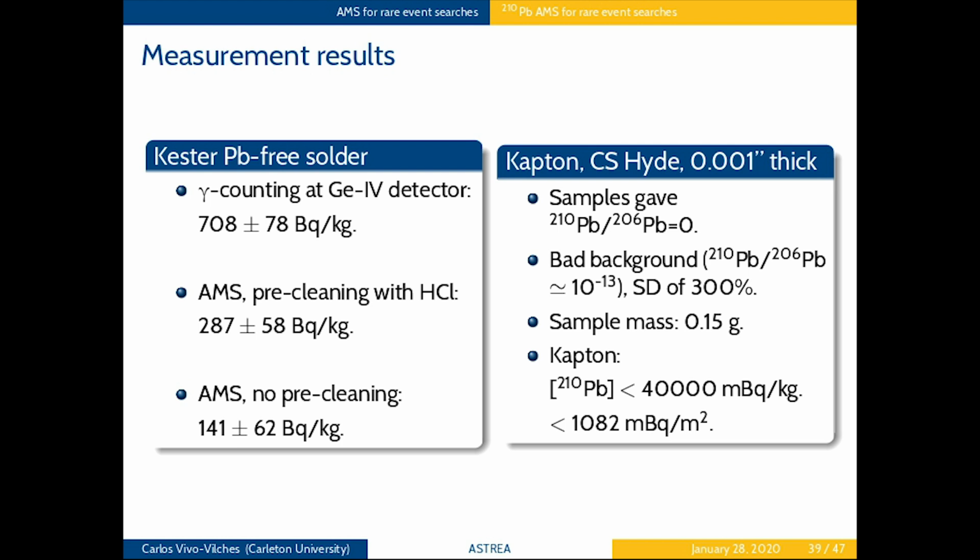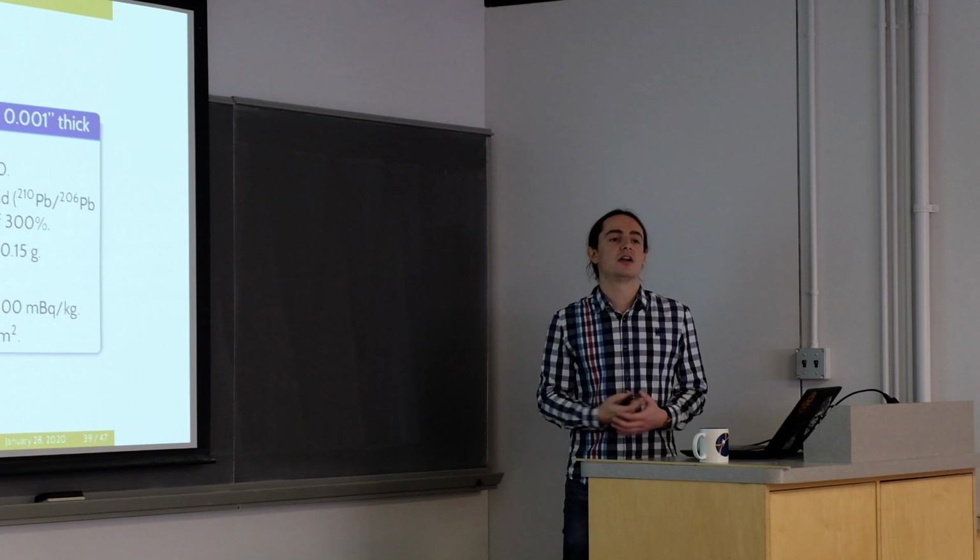But our collaborators at the University of Alabama told us that because of this problem of calibration of the efficiency of the detector that I spoke about, they are not sure if they should add much more uncertainty to that measurement. So they trust our results more than theirs, because they still have some calibration problems with that detector. In the case of Kapton, all our samples gave 0 ratio during the measurement, which means this was below our limit of detection.